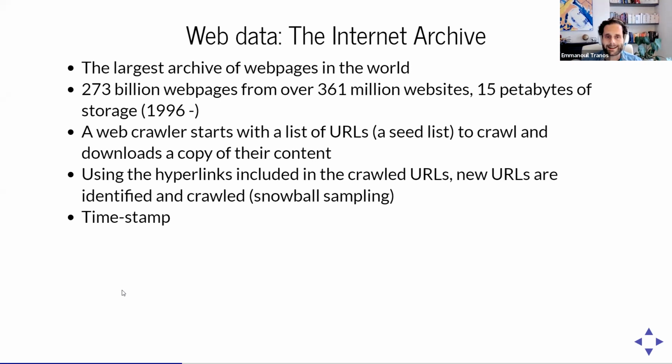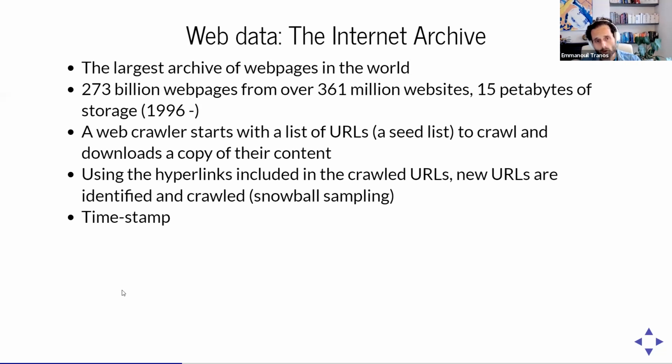It started in 1996, and since then, it crawls the web and creates copies of the websites it goes through. The main aim of the Internet Archive, just like other web archives, is to preserve all of these web data that otherwise would have been lost.